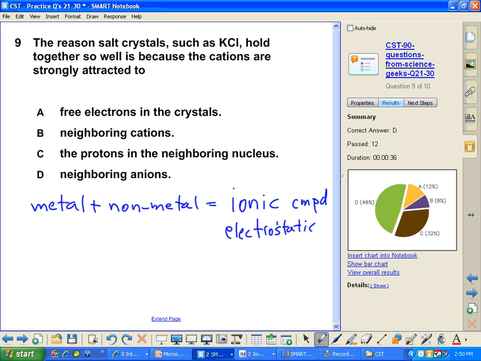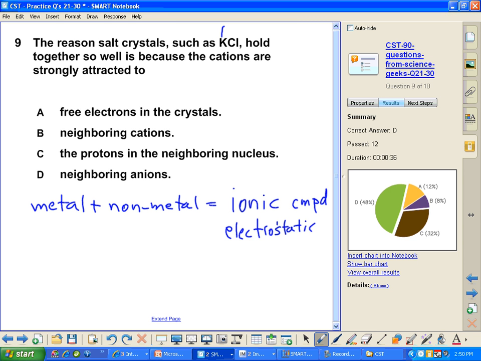In this particular case, why do these guys hold together? Because neighboring anions will be attracted to the cation. Okay, the cation in this case is the potassium, right up here, and the anion is the chloride. So, because the cations are strongly attracted to the neighboring anions.